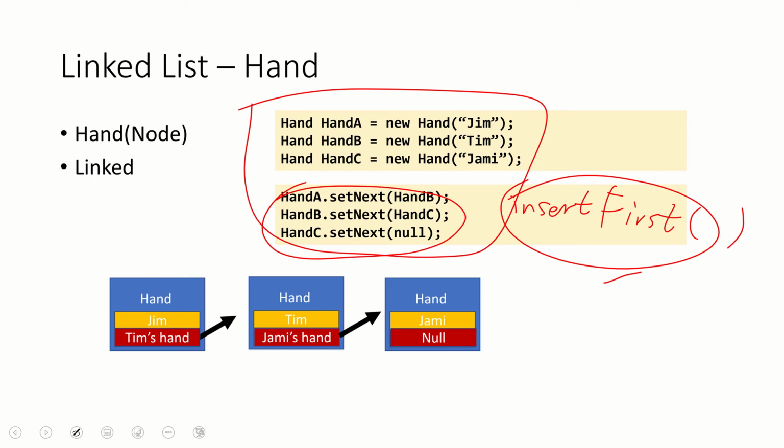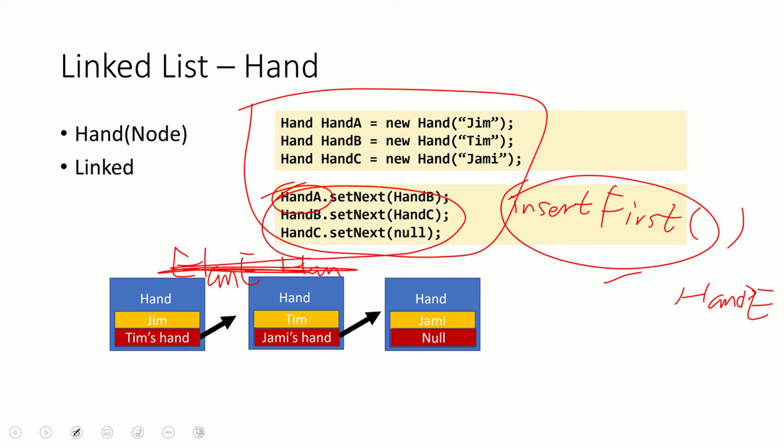We want to insert a new hand, maybe hand E. How do we do it? Maybe people will say, okay, it's easy. You just find the hand one, right? So over here, you change hand E.